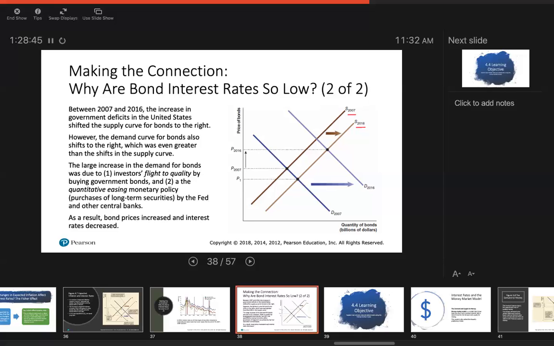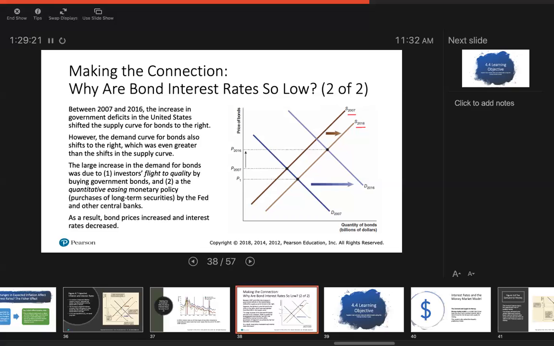So instead of the supply of bonds going up dramatically, if you see how these curves are drawn, there's a big shift. The magnitude of shift in demand for these bonds far outstrips the increase in supply of these bonds, not because the supply of bonds was not increased a lot, but the point is that a lot of these new bonds that were issued were absorbed by the Fed and other central banks.